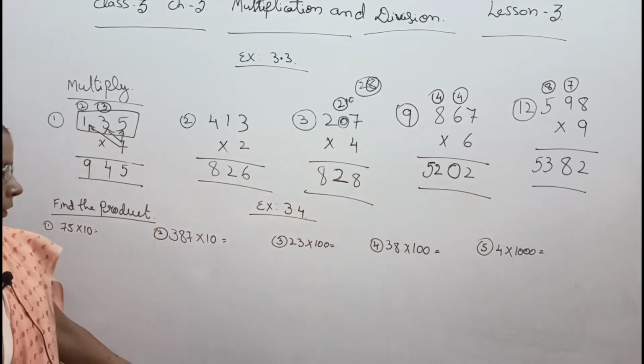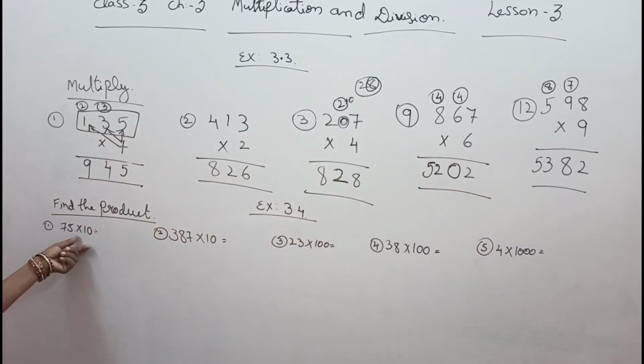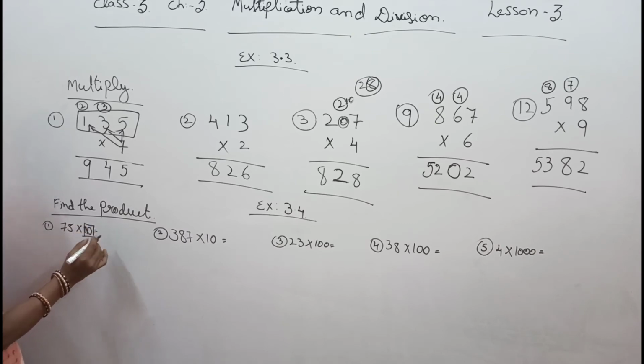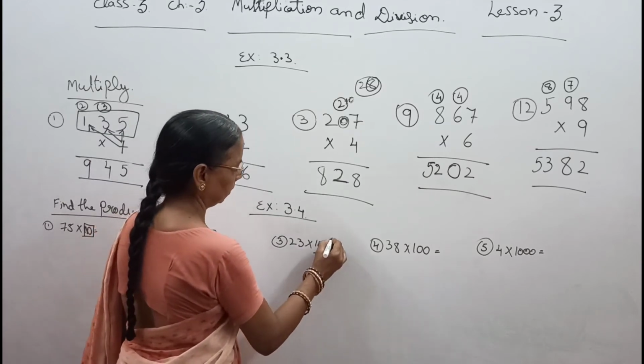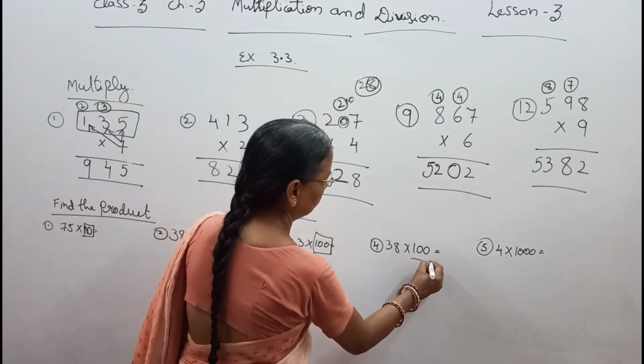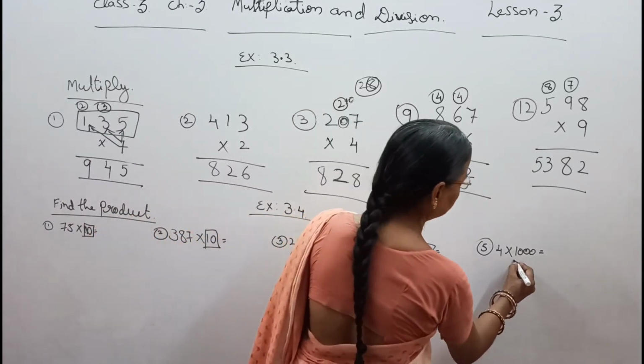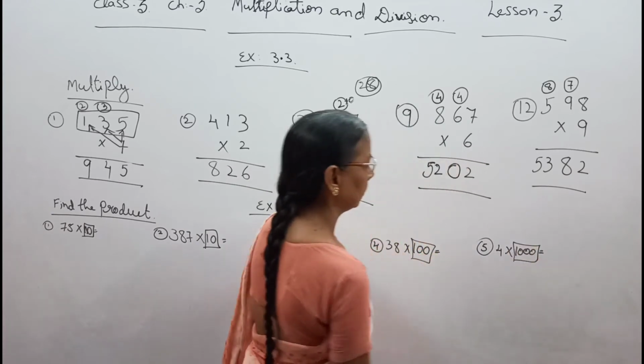Now, before we solve these questions, I want to say something about them. Here it is given as 10. Here it is also again 10. Here it is 100, and here it is 100. And here it is 1000.